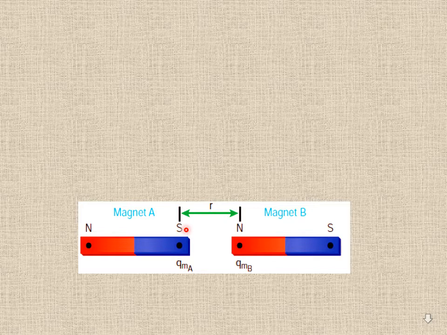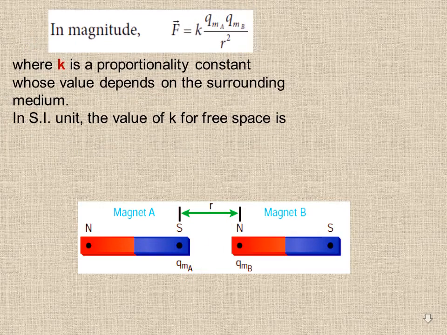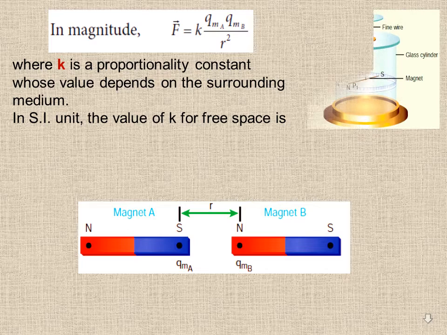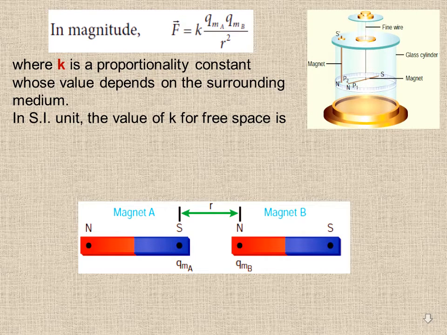There is a distance between this south and north, that is r. And in magnitude, F is equal to K into QmA QmB divided by r square, where K is a proportionality constant whose value depends on the surrounding medium.